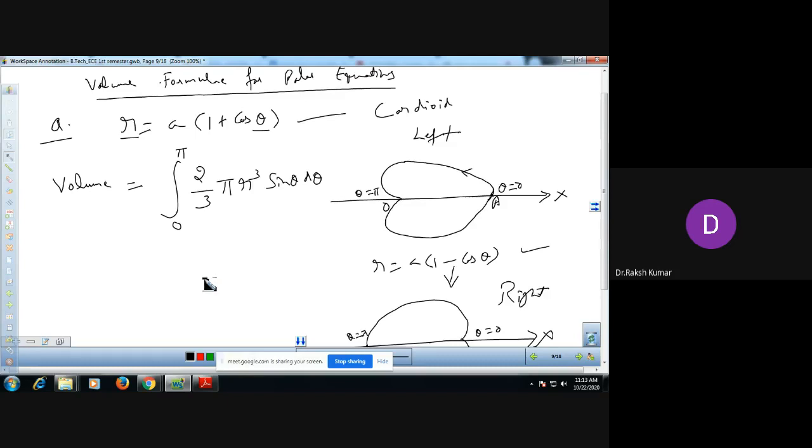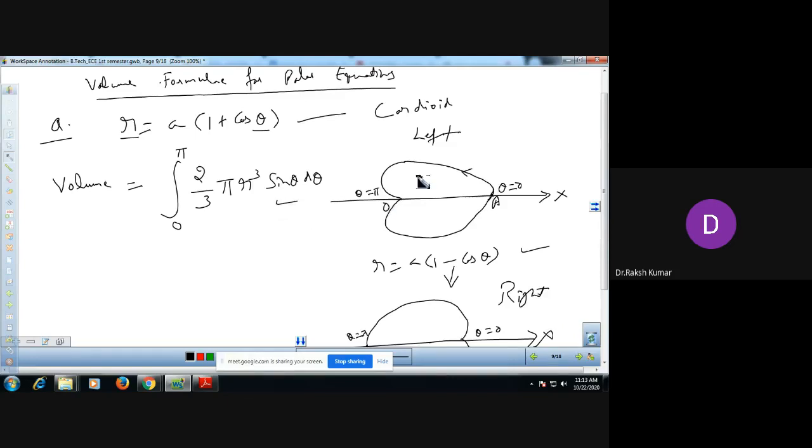This is the formula for finding the volume when the revolution is about the initial line. Always remember, only this changes. It means for this cardioid also, the formula will be the same.